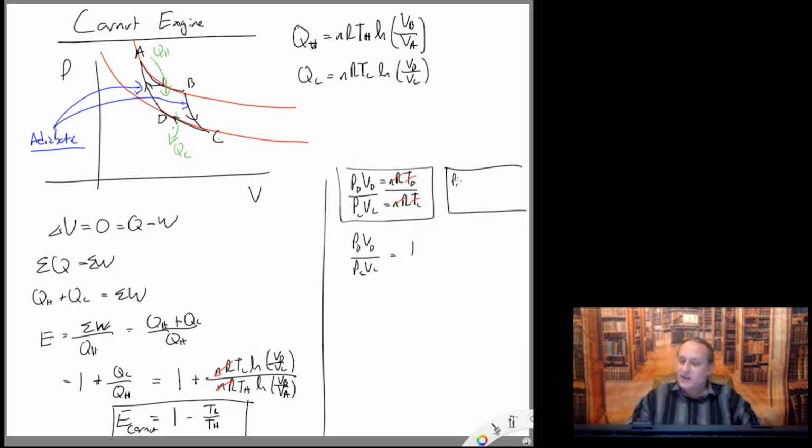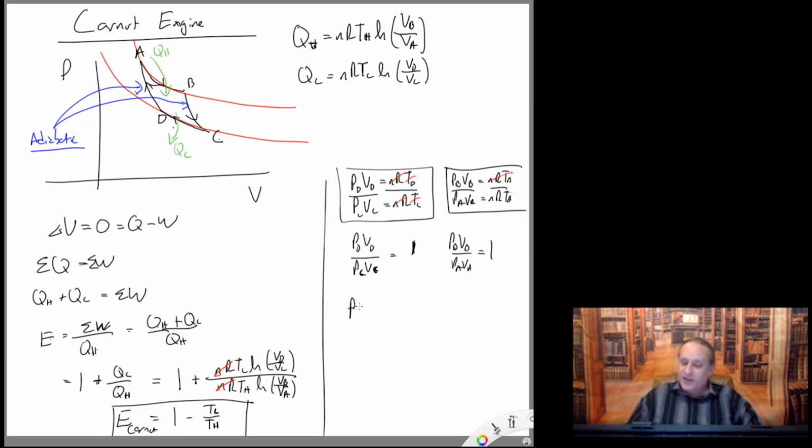So PB VB equals nRTB, and PA VA equals nRTA. So when we divide those, since TB and TA are the same, we get similarly PB VB over PA VA equals 1.